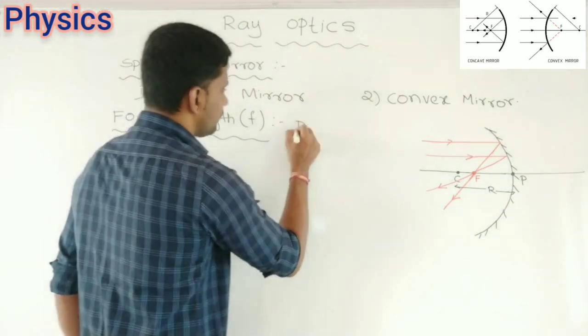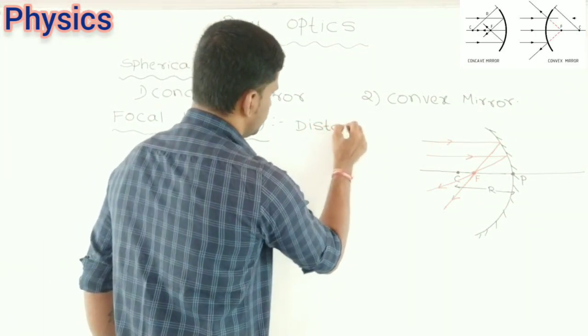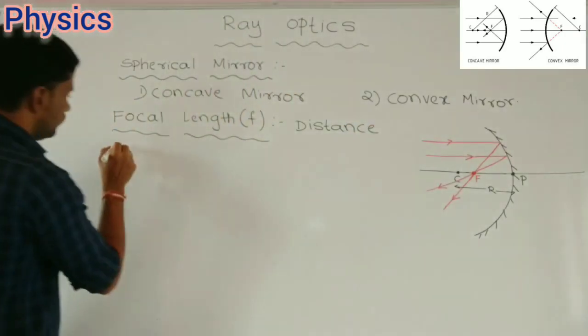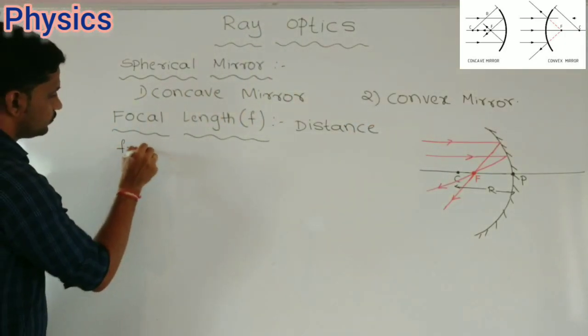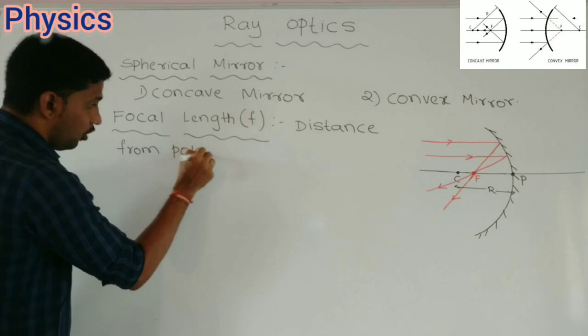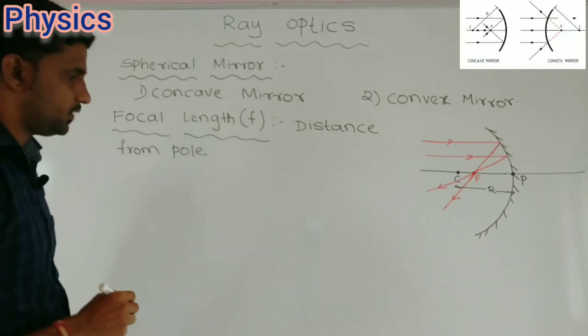Distance from pole or optic center. Pole is also called the optic center.